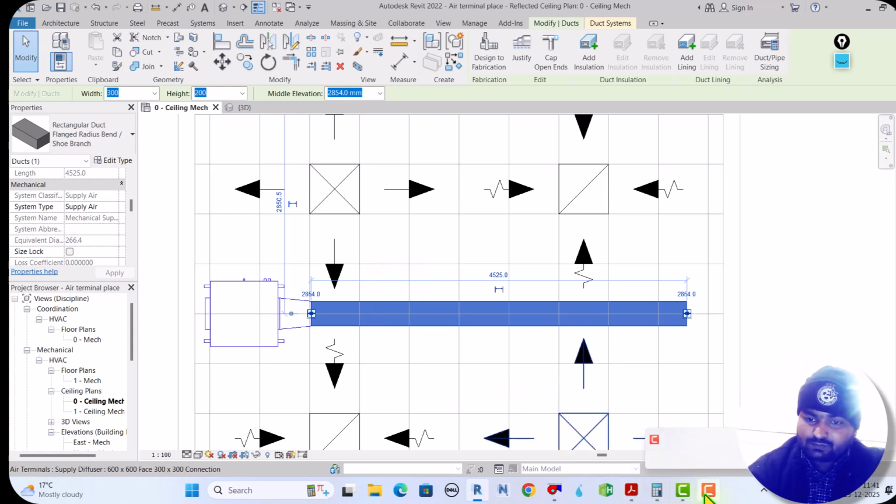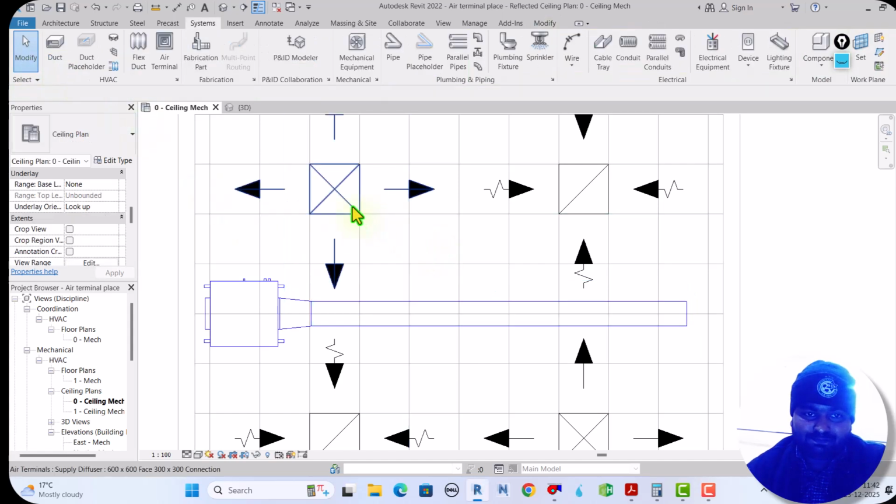The branch duct height should be at least 50 mm less than the main duct height, and the branch duct width should be 50 mm greater than the neck size of the air terminal, so it will be easy to fabricate the duct and easy to connect the duct, right?